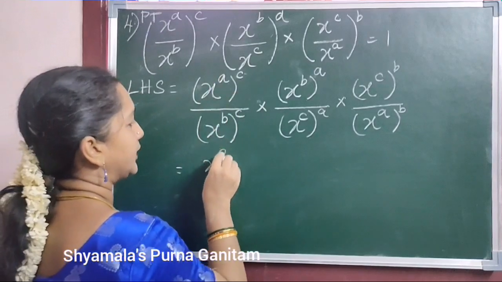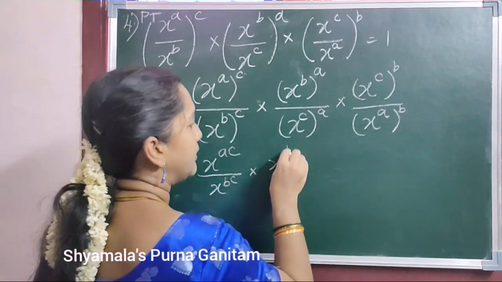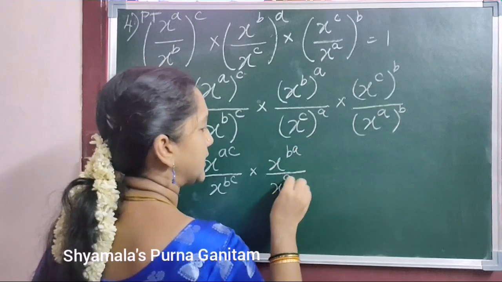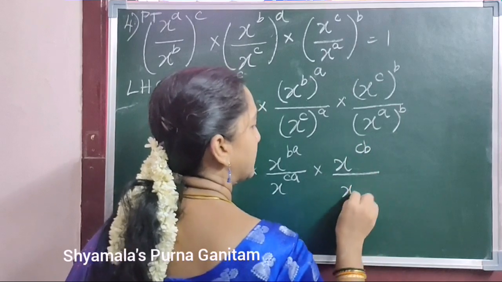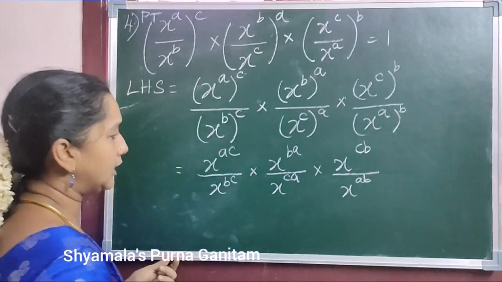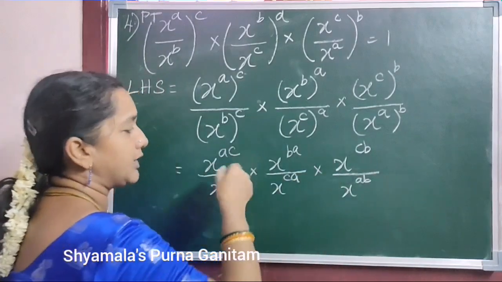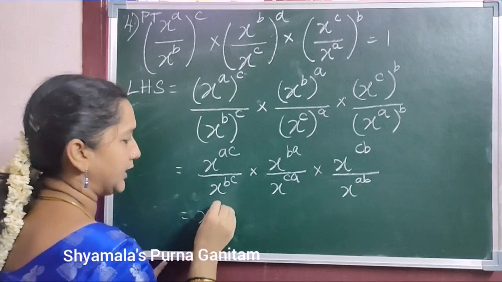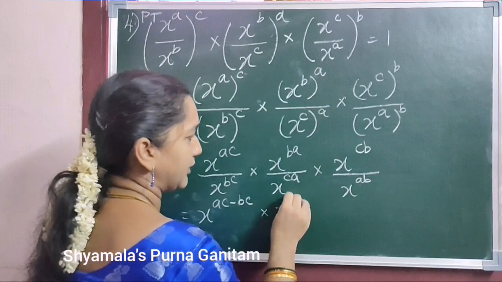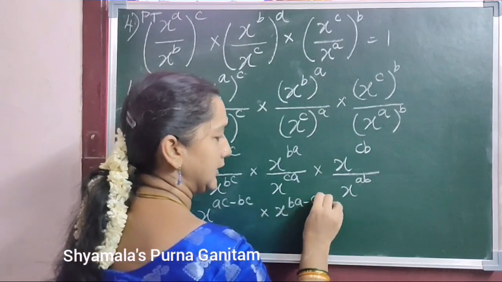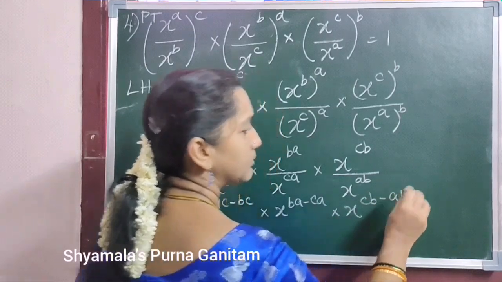Same way x power AC by x power BC into x power BA by x power CA into x power CB by x power AB. So here we have same base x and x. So powers in all the terms, that power has to be subtracted. So x power AC minus BC into x power BA minus CA into x power CB minus AB.